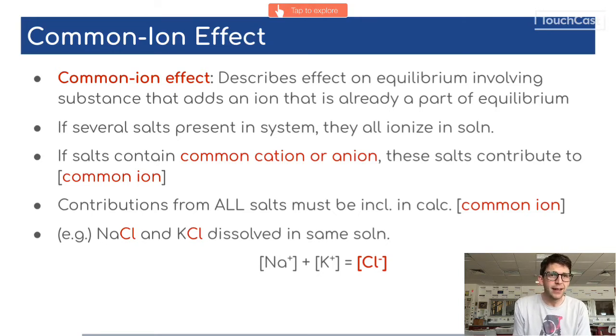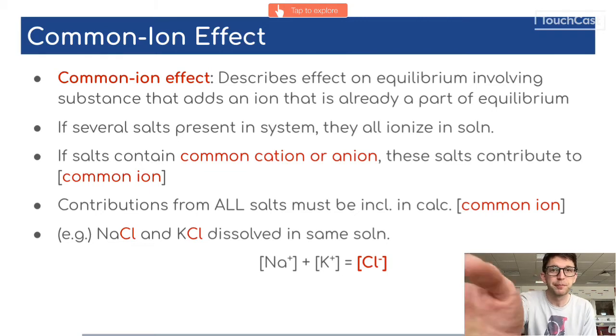Well, the two cations, the sodium and the potassium, they're obviously two different species, right? But they both share that chloride ion. So that's going to be the common ion in this scenario, and that's actually going to affect how much of the salts will dissolve.